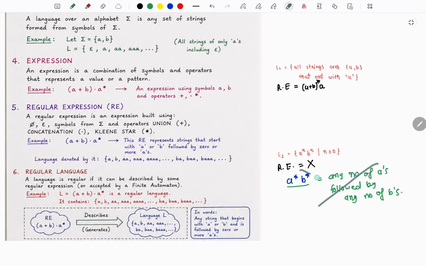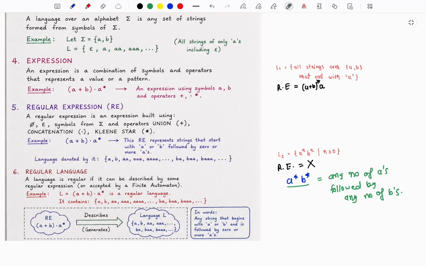It does not say that the number of A's and B's must be equal. So we cannot write a regular expression for this language L2. Since there is no regular expression for this language L2, this language L2 is not a regular language.